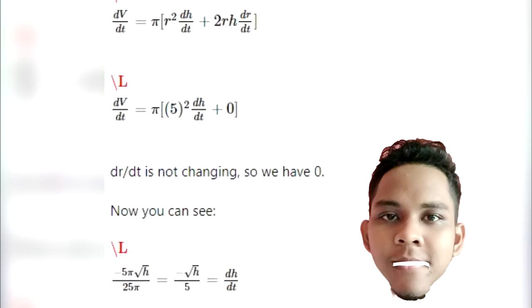Now you can see -5π√h over 25π equals √h over 5, which equals dh/dt.